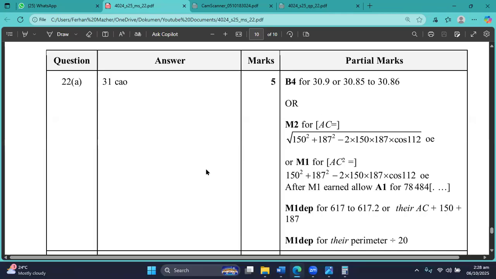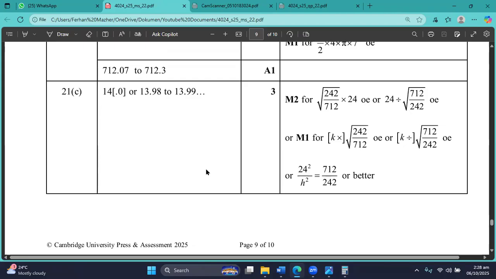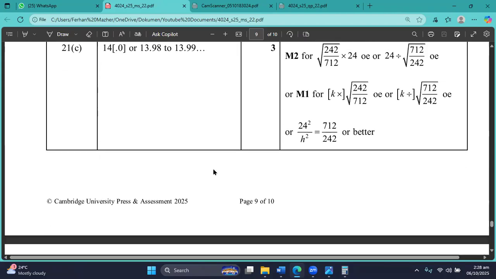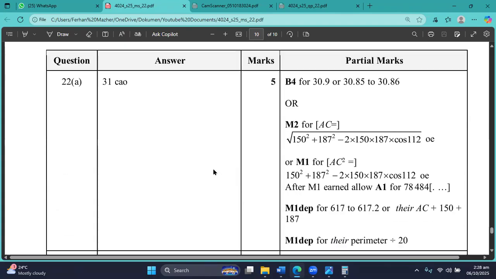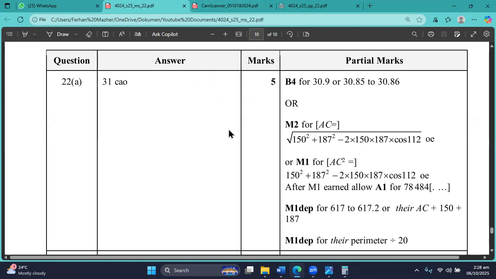I was looking at the B part. So question number 22, A part, 31 is the right answer. Sorry, it's normal that we might make a mistake.